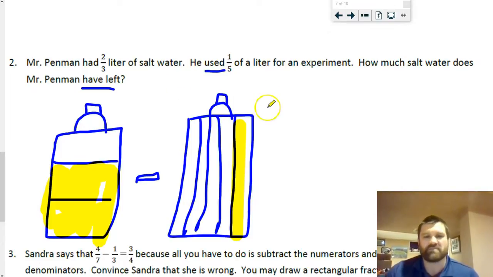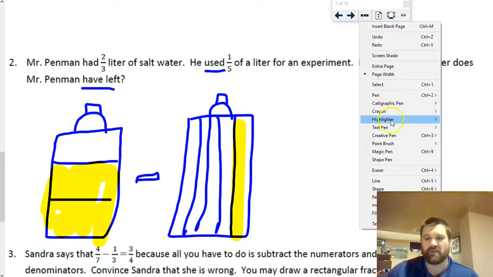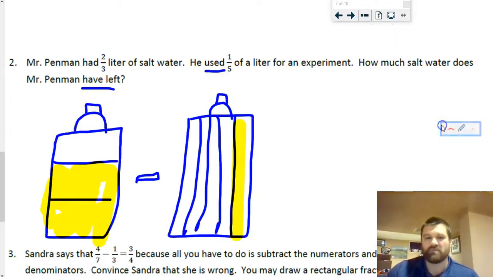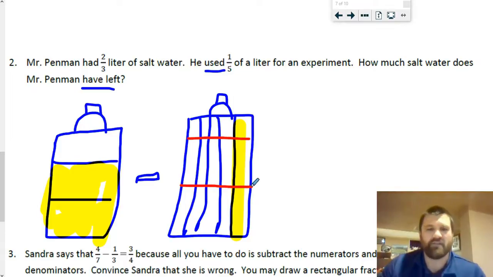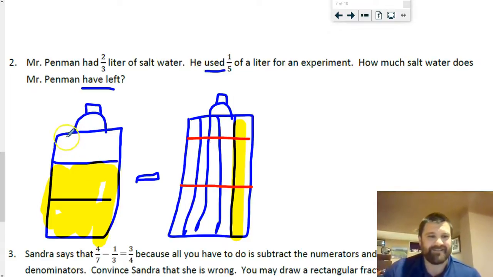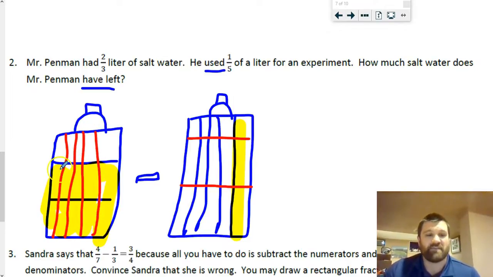Let's go. So now we just need to make it even, right? So we've done fifths. Now we need to do our thirds. So 1, 2. And remember, the best thing about this is it does not have to be pretty. You just have to get the answer right. So we've done our thirds, and then we go 1, 2, 3, 4, 5 lines. So now there's 5, and there's 2 rows. That's going to be 10.